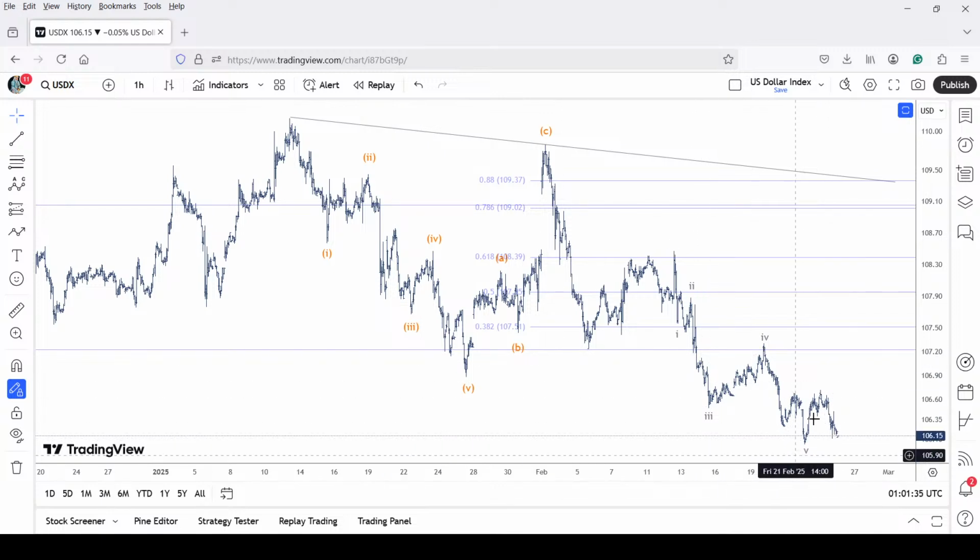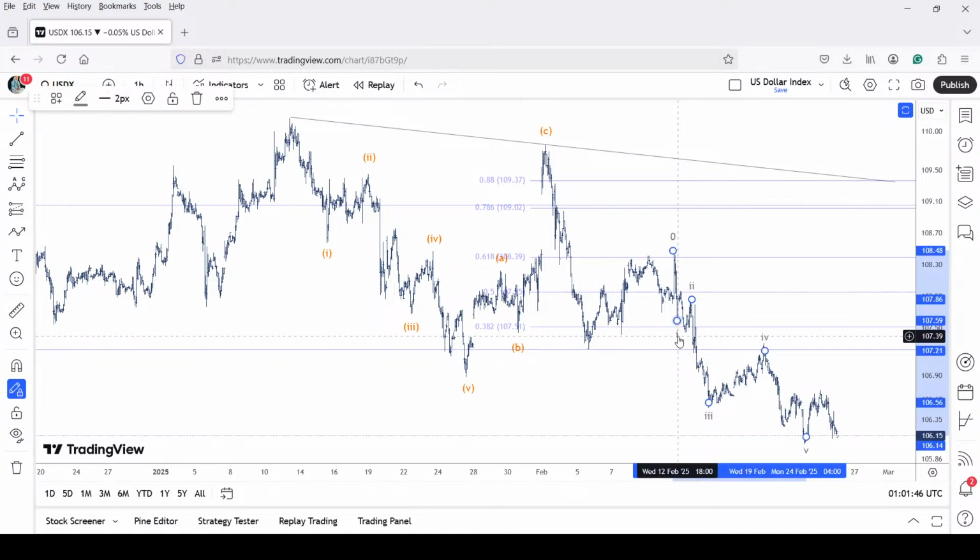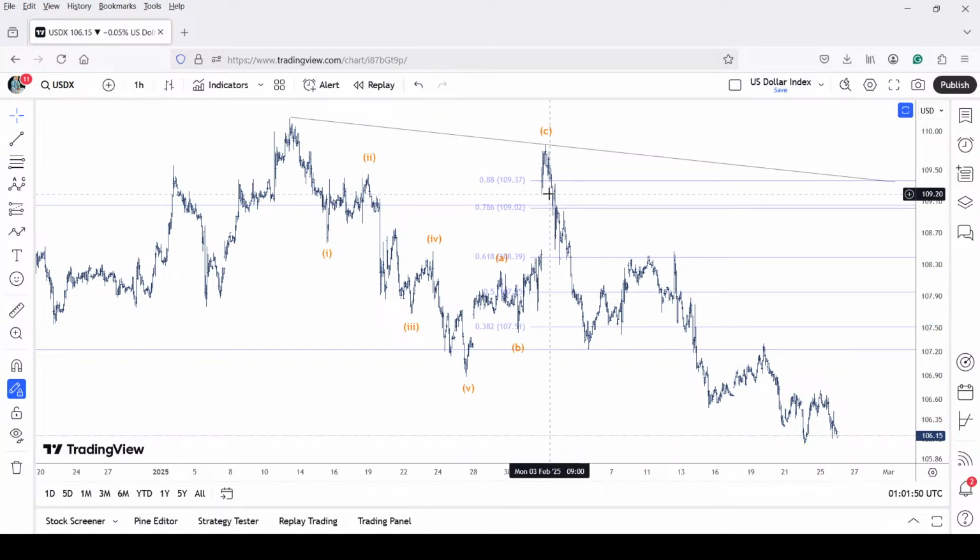But tell you what, this looks like an A, B, and C. So what we can do now is just remove those 5 waves. It is quite obvious that we've got an impulse wave 1, 2, 3, 4, and 5. That is the first wave of the third wave. Wave 1 within wave 3, which we were talking about.